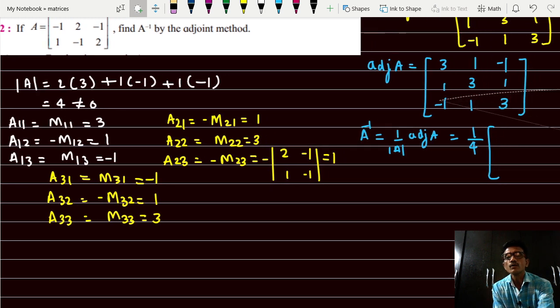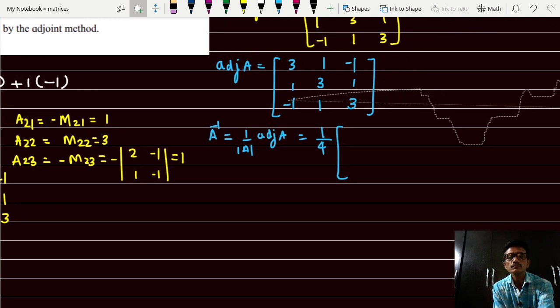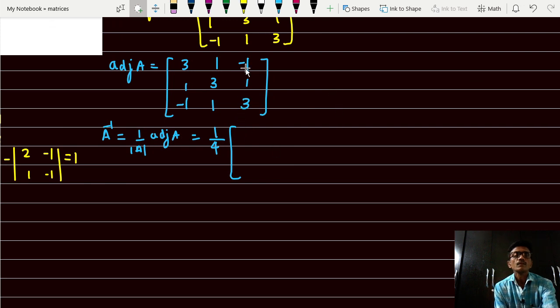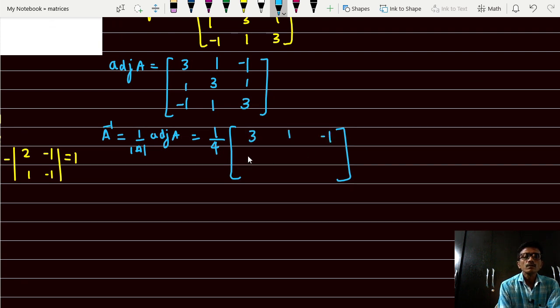What is the adjoint of this matrix? See, it is written above: 3, 1, minus 1, 1, 3, 1, minus 1, 1, 3. This is the A inverse of the matrix.